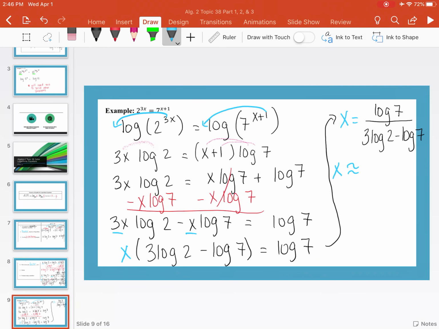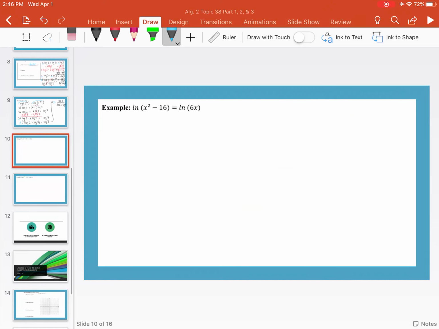So x is approximately 14.573. Moving on to our next example.